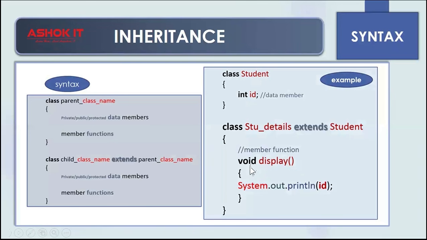It has a member function display, which prints ID. It is not declaring ID in this class, but it is directly using ID from the parent class and printing it on the screen. To see it practically, we'll be seeing this example in Eclipse IDE.